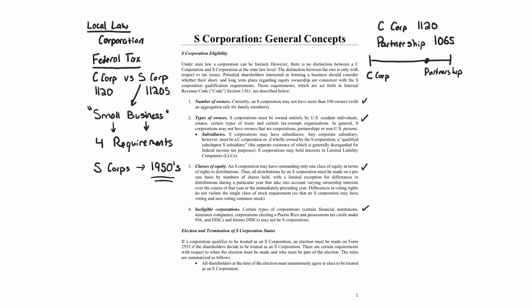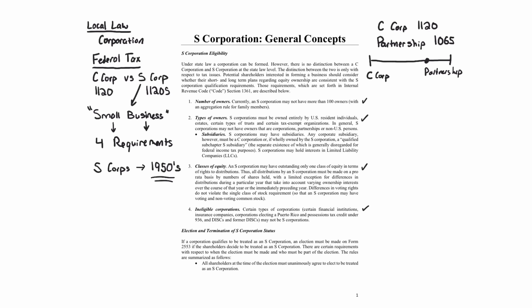All right, so with that, let's go into the 4 limitations on what kind of entity can be an S corporation. The first limitation is the number of owners. So the number of owners can never exceed, at the time of this video, I shouldn't say never, sorry. At the time of this video, the limit is you cannot have more than 100 owners.